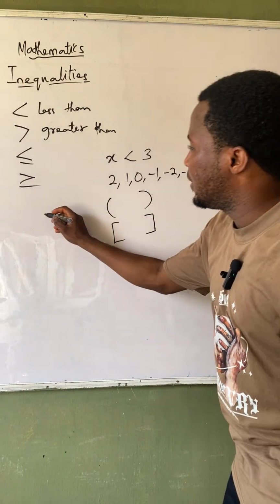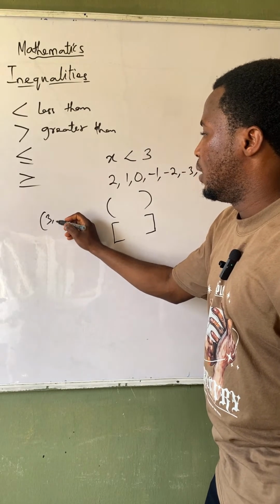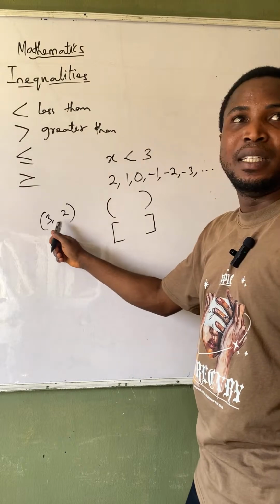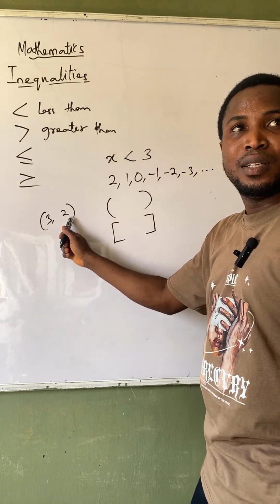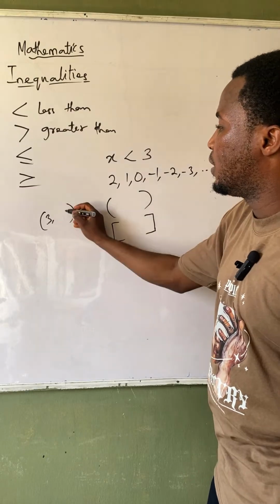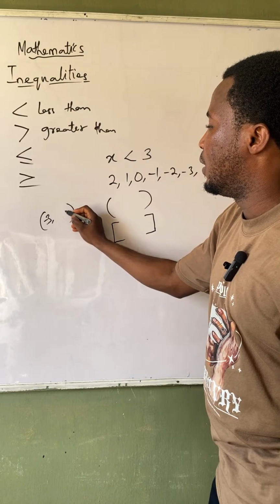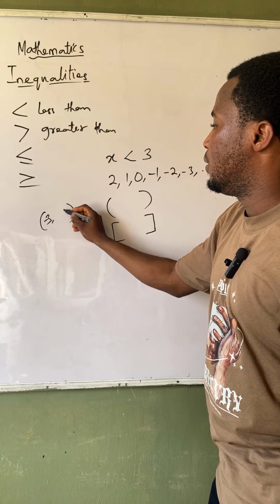So if I write in a bracket, let's say I have, sorry, let me say -3 and let's say 10.